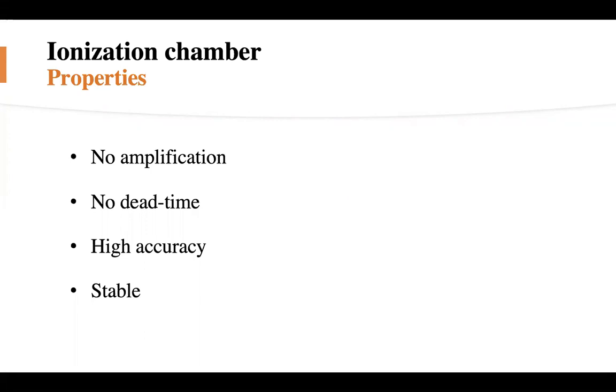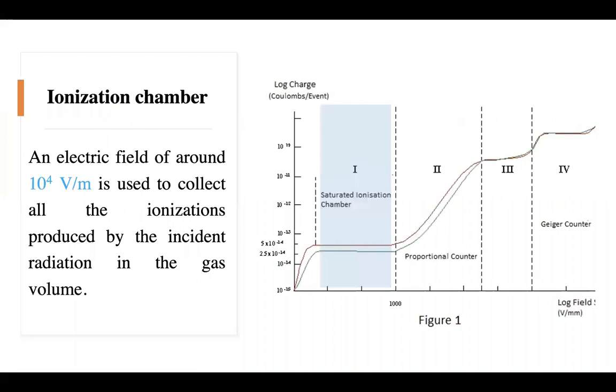No dead time, high accuracy, stable. This is the ionization chamber. It's highly accurate, so we use the ionization chamber to calibrate other detectors. It's highly accurate and stable, stable because when you change the voltage, it will not make a difference. It will be stable for a certain range of voltage.